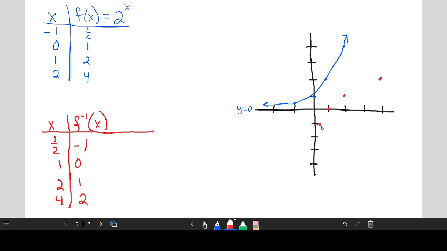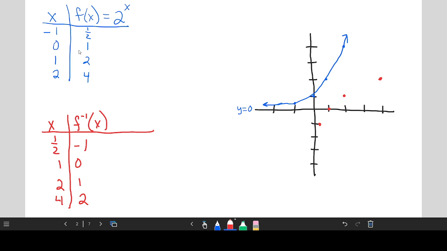And then as we move to the left, let's think about what happens. Our exponential function did not have any negative y values, and 0 also was never a y value. So we only had positive y values. Now that we've switched the columns of the table, we're not going to have any negative x values, even if we included like 100 points.